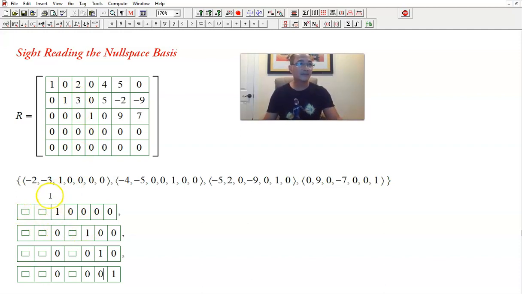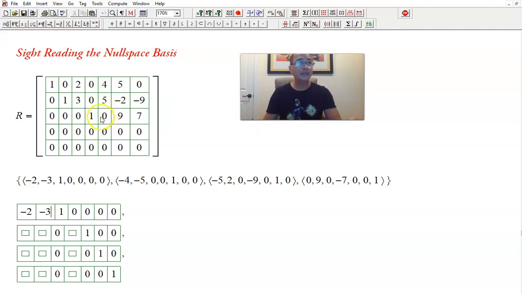So again, for the first vector, look at column 3 because that free variable is x3. The 2 and the 3 go into that vector as the opposites. -2, -3. First vector is finished. Next free variable, column 4.